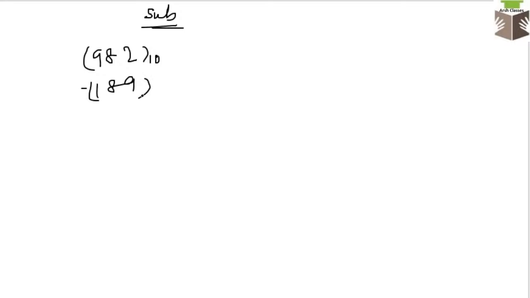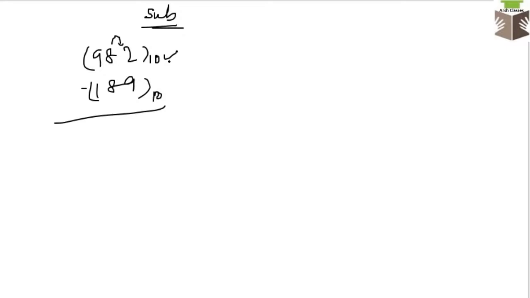How can we do it in base 10, guys? Definitely we will say, sir, 9 we cannot subtract from 2, so we need to take a carry from 8, and after taking the carry, this will become 12. How does this become 12? This is 2, and we are taking the carry, and that carry is equivalent to 10. That's why this becomes 10 plus 2 is 12. Why is this carry equivalent to 10?